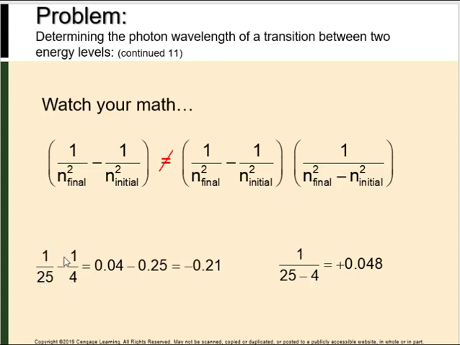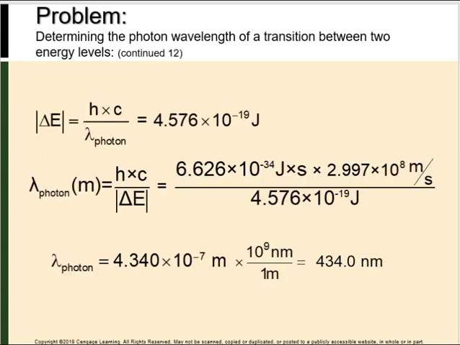So 1/25 minus 1/4 is equal to negative 0.21, and the other way would give positive 0.048. So we get different answers. Make sure that you stick with the way that the equation is written.